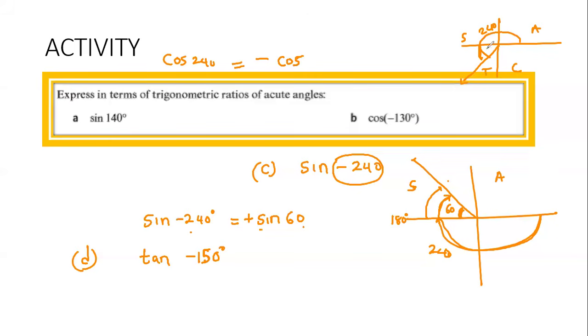But what is the reference angle here? It is 60. That means that cos of 240 is the same as negative cos of 60. Once you press your calc, you get the same answer. That's what we are looking for. Understood?